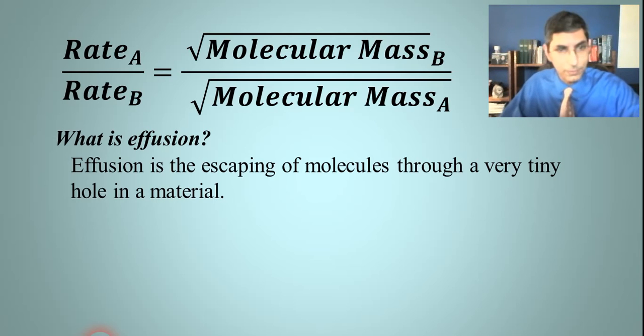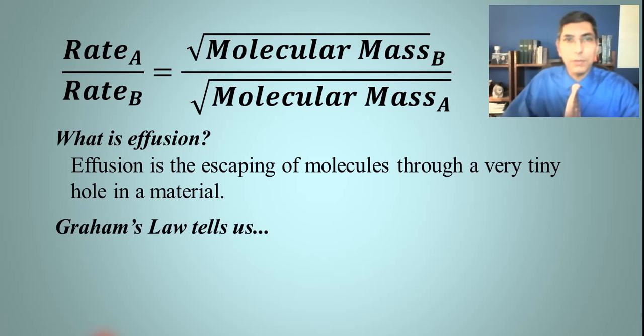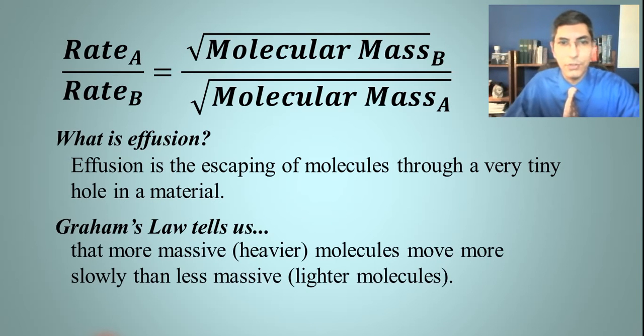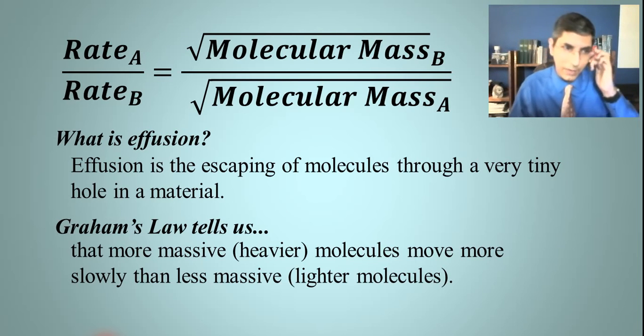That's effusion. Now, Graham's law basically tells us that heavier molecules move more slowly than lighter molecules, and hopefully that makes sense. If you think of a heavier molecule like xenon or radon, these are very massive atoms, and they move more slowly.